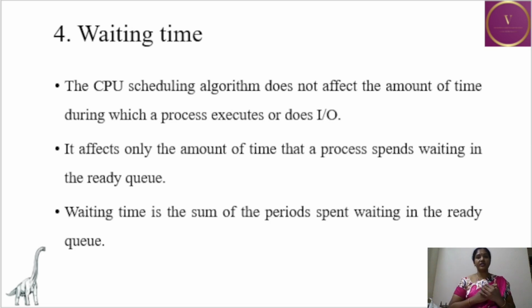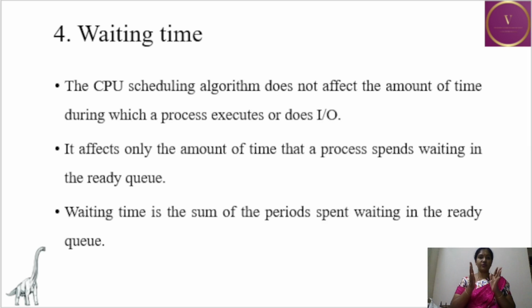The CPU scheduler is concerned only about how long the process is waiting in the ready queue. That is, it is ready to work, but it is waiting in the ready queue because the CPU is being used by some other process.